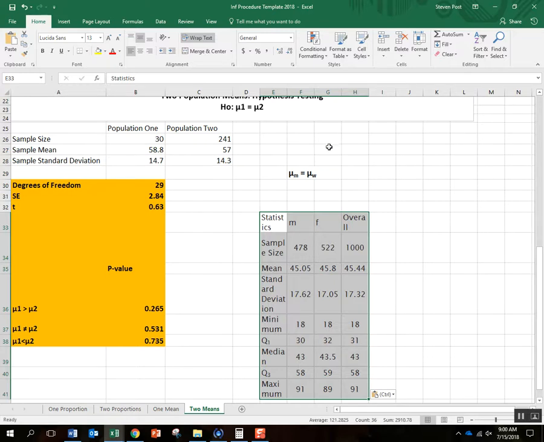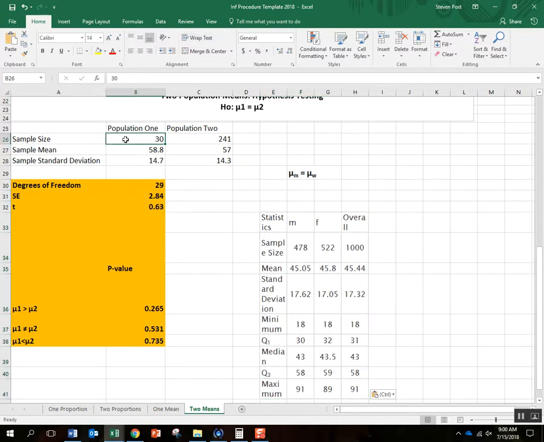So for the men, we'll make population 1 the men again because they're in the first column. 478. Population 2, 522. Sample mean, 45.05. Sample mean, 45.8. Standard deviation, 17.62. Standard deviation, 17.05.